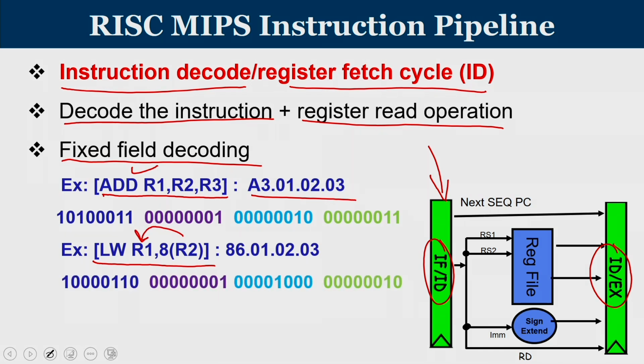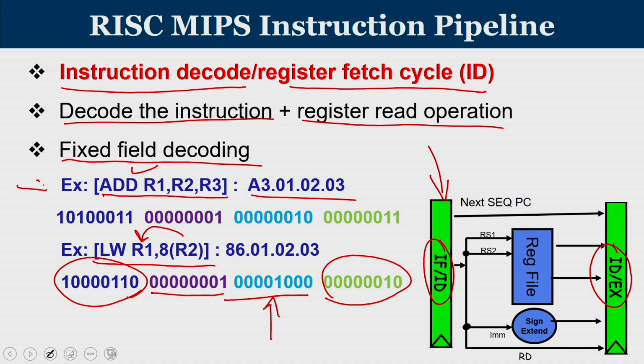Now, if it is a load word instruction, then this portion will tell you that it is a load word, this will tell it is R1, this is going to tell it is 8 and this is telling it is R2. So, in this case the content of R2 is to be read and this should not be treated as R8. The immediate value of 8 has to go. So, if the instruction is of an add type, then this has to be R2.